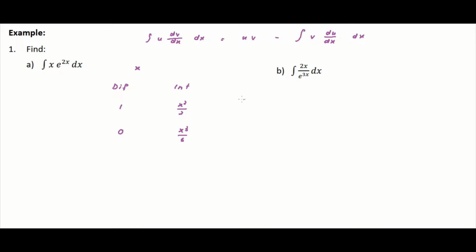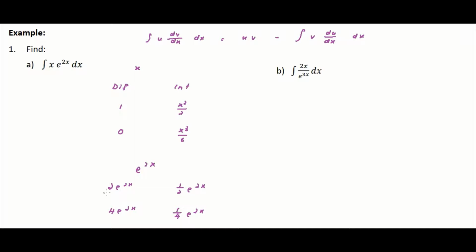Now let's look at e^(2x). When you differentiate, you get 2e^(2x). Differentiate further and you get 4e^(2x). For integration, you get 1/2 e^(2x), and then 1/4 e^(2x) when you integrate further. So for e^(2x), whether you differentiate or integrate, the function containing x stays the same.